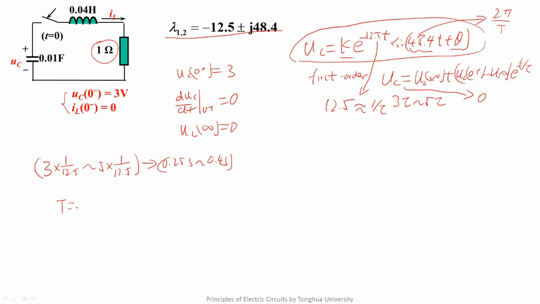That is to say, the period is equal to 2 pi over 48.4 equals 0.13 seconds. Combining these two points, we can know that the whole damping oscillation waveform is over during 2 or 3 periods.